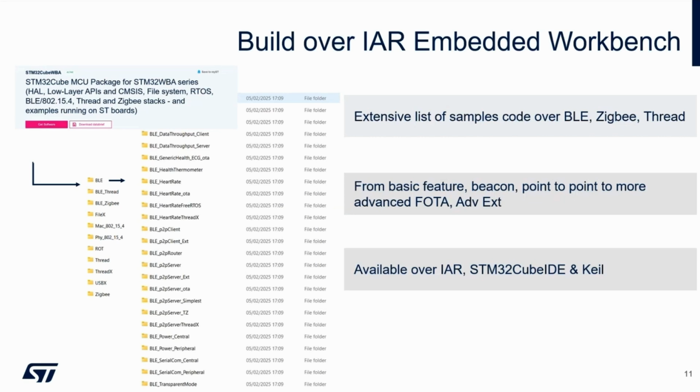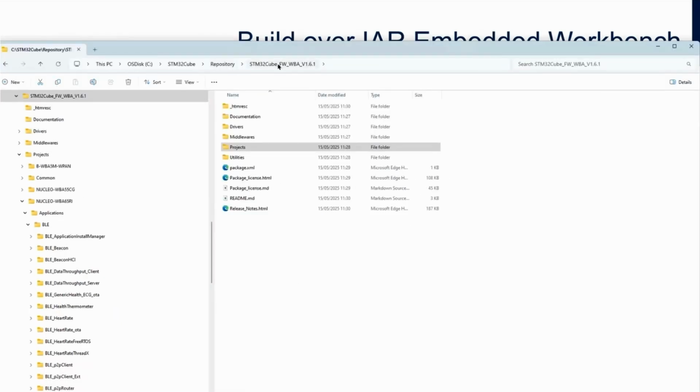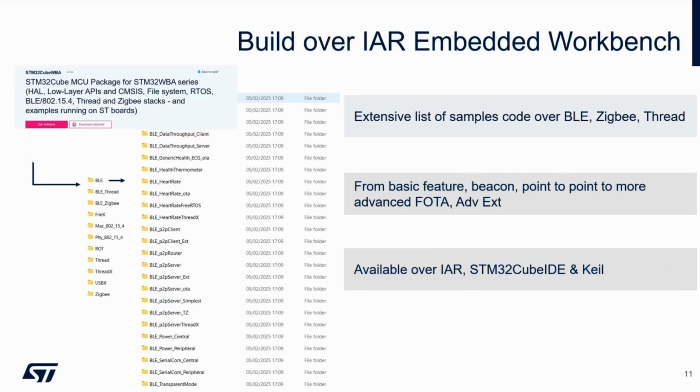You will get your own repository, and the latest one, by the way, is 1.6.1. Inside this package, there is a lot of sample code, with lists of samples in BLE, peripherals, ZigBee, and Thread.